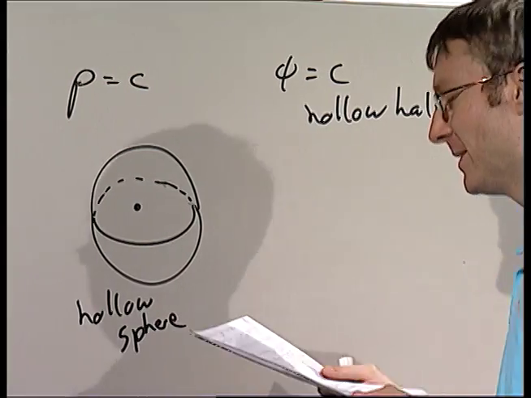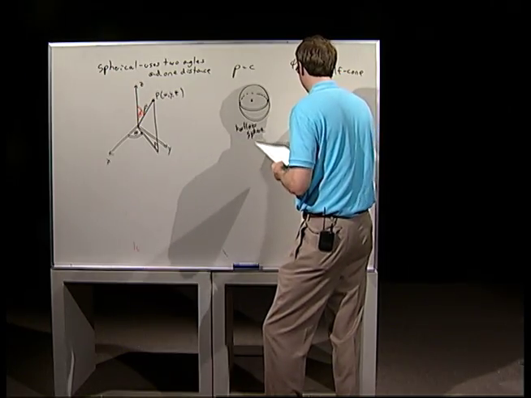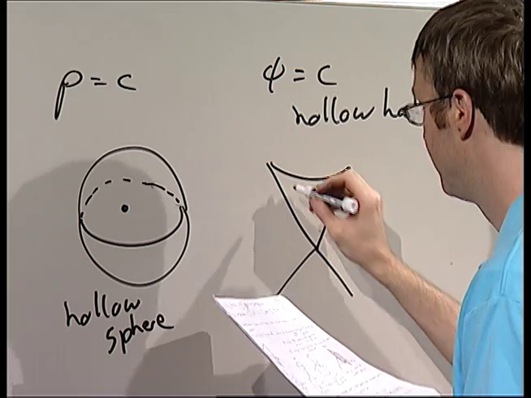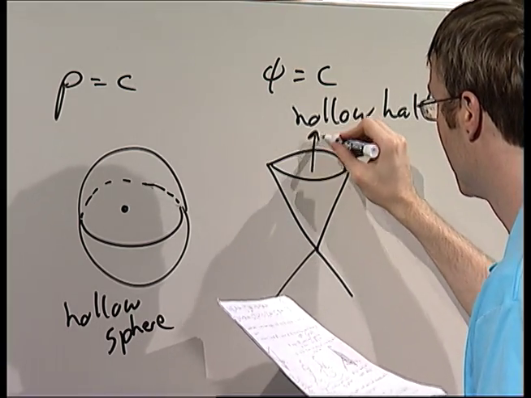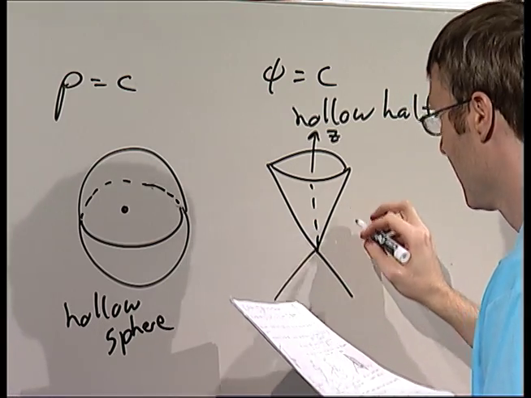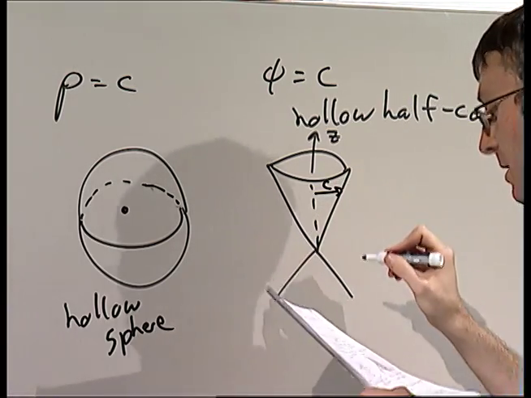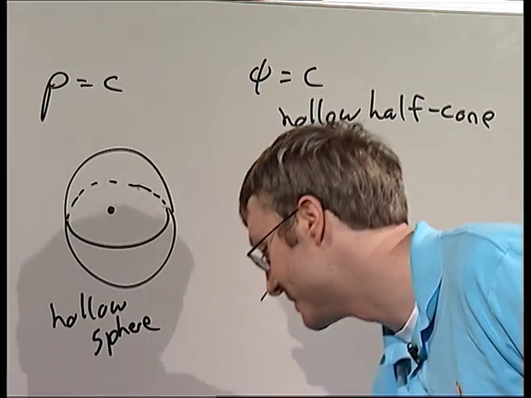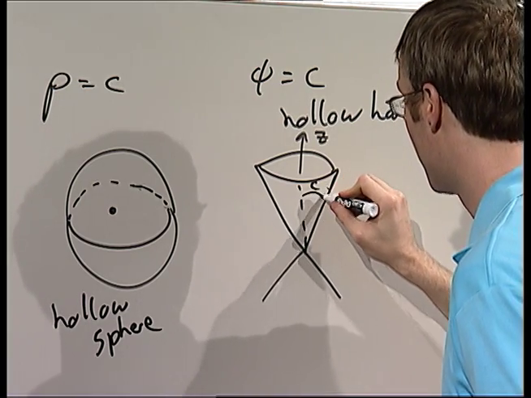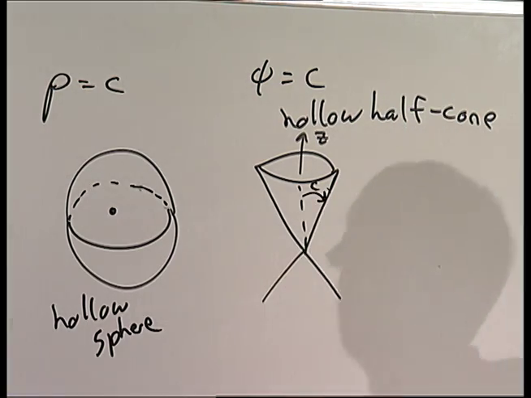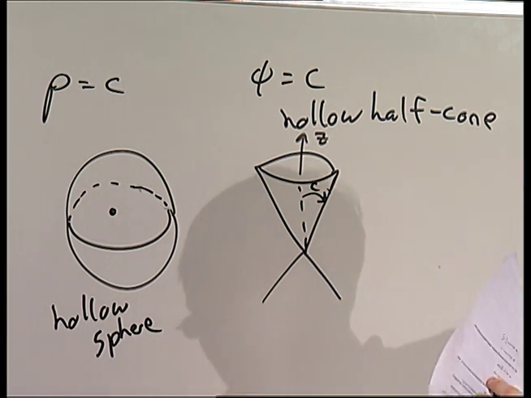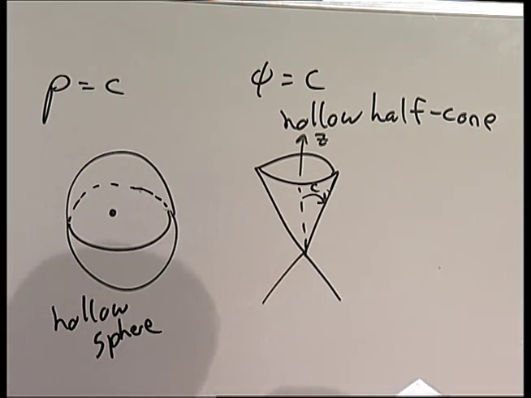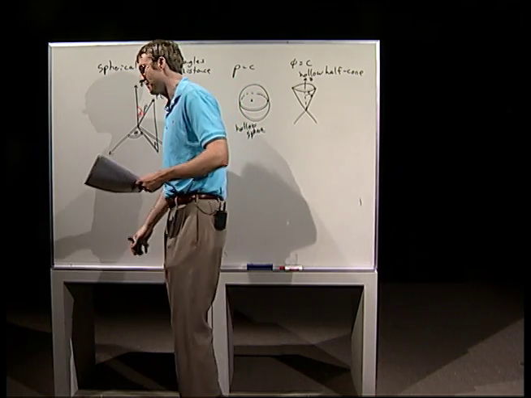I'll draw a picture first. So the z-axis comes up like that. You're down there. All these points have angle between them and the positive z-axis equal to c. So think about it here: I have a fixed angle.